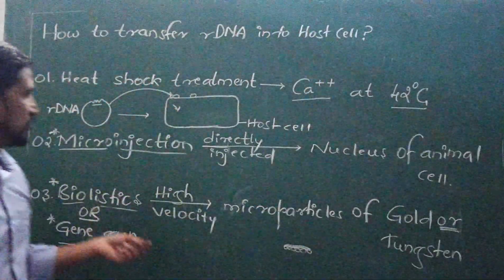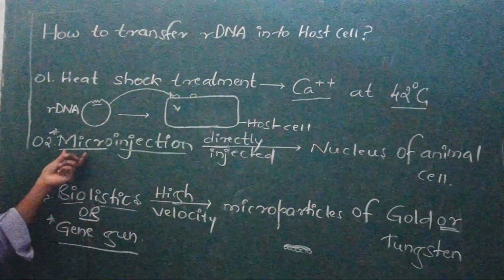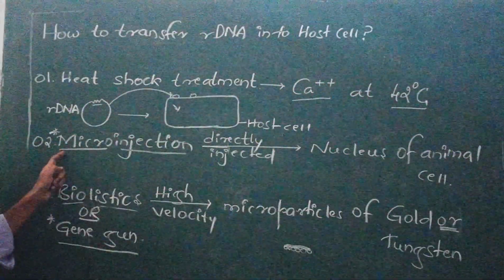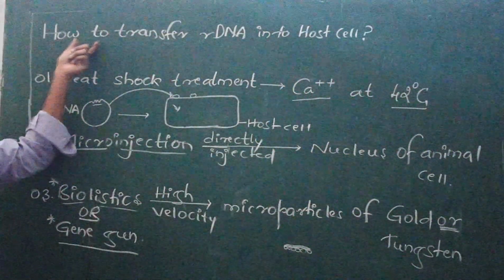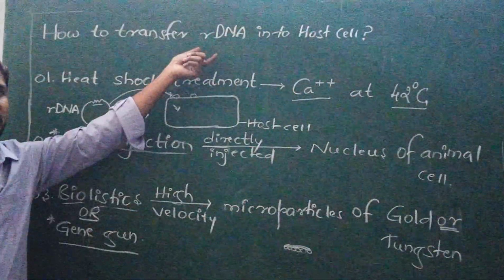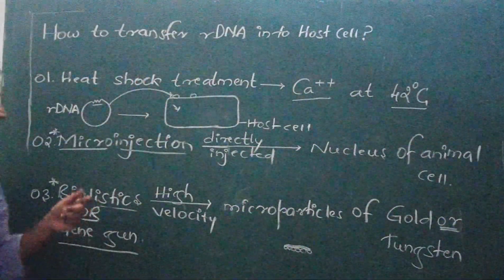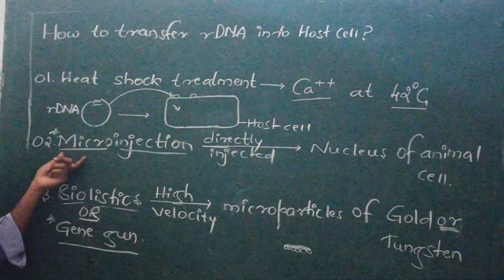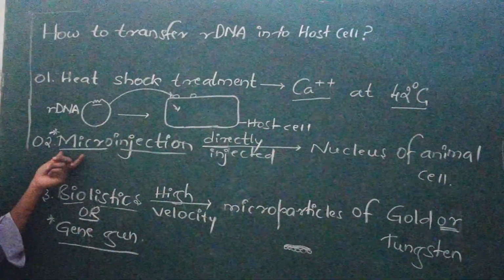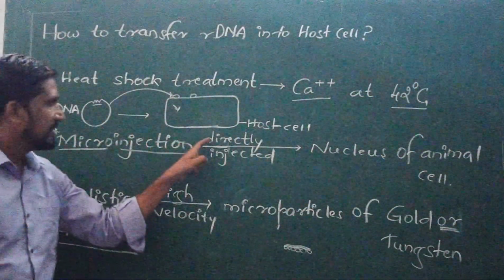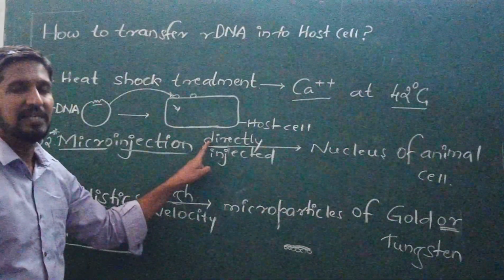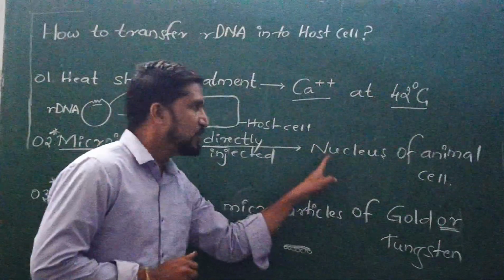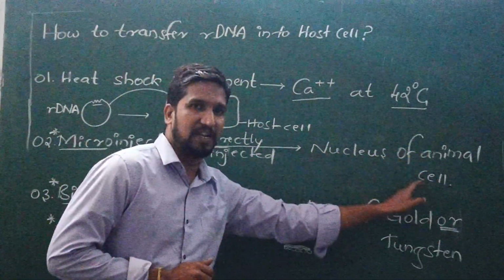Right? So today we are going to study how microinjection, the second method, is used to transfer rDNA into the host cell. During microinjection, the desired gene is directly injected into the nucleus of the animal cell.